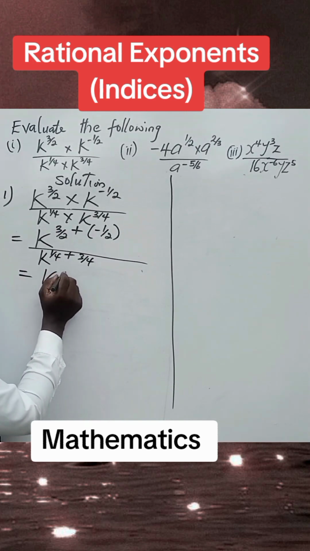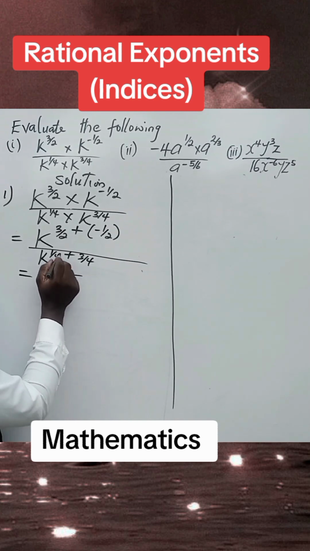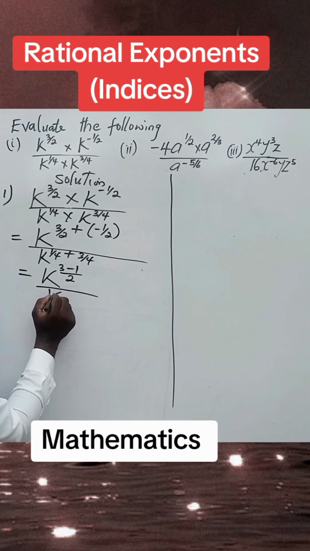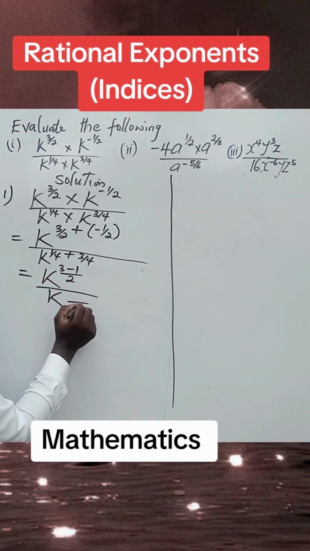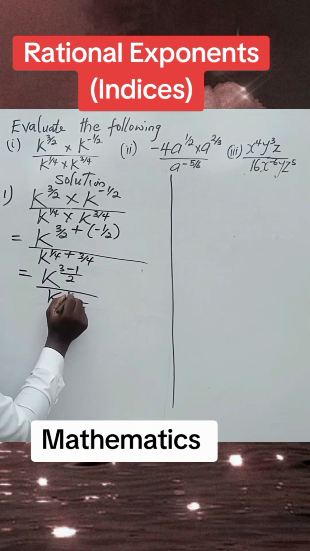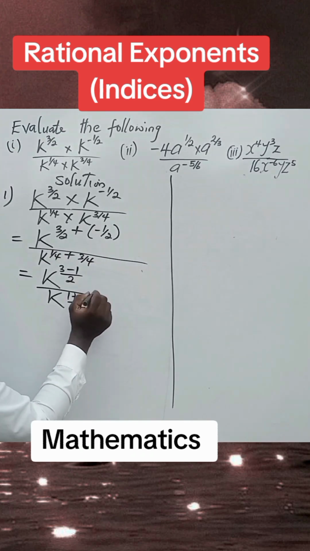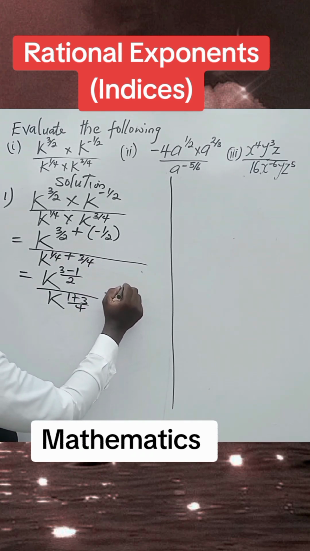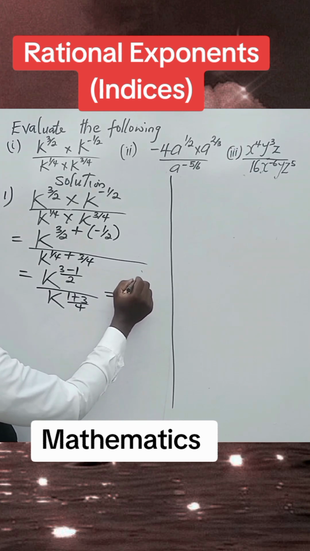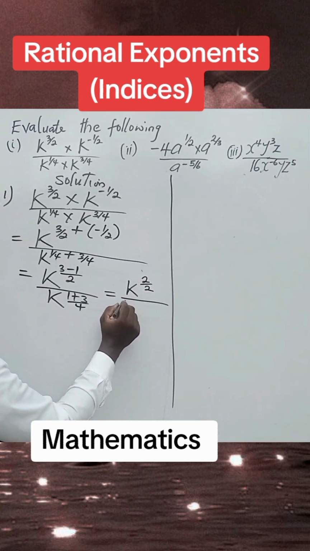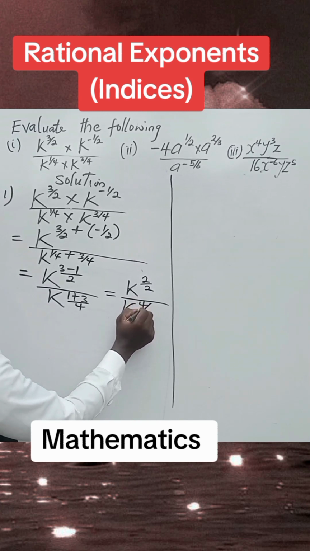Let's simplify the exponents. The LCM here is 2, so 3 minus 1. Then for this one the LCM is 4, so I have 1 plus 3. Quickly, this one gives us k to the power 2 over 2, and here k to the power 4 over 4.